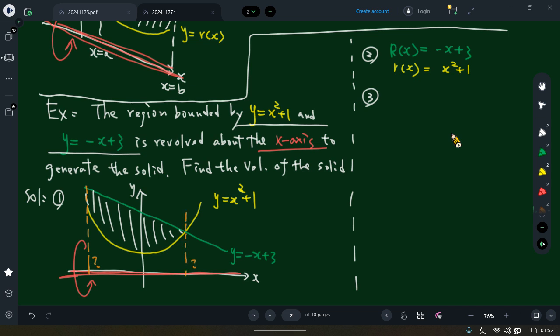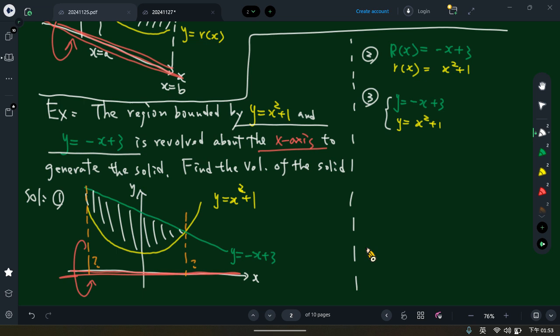So if you want to get these two ends, then you should put these two equations together, and these two points should simultaneously satisfy these two equations. So the first one will be y is equal to minus x plus 3, and the second one is y is equal to x squared plus 1.